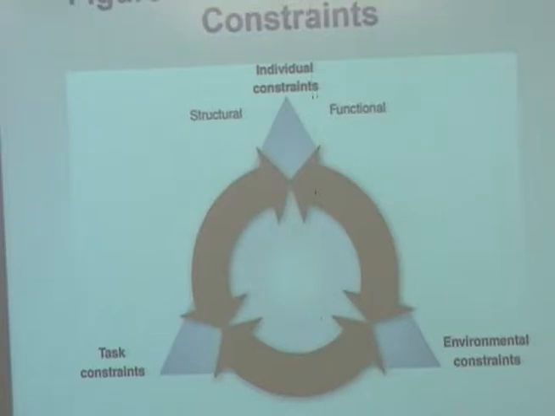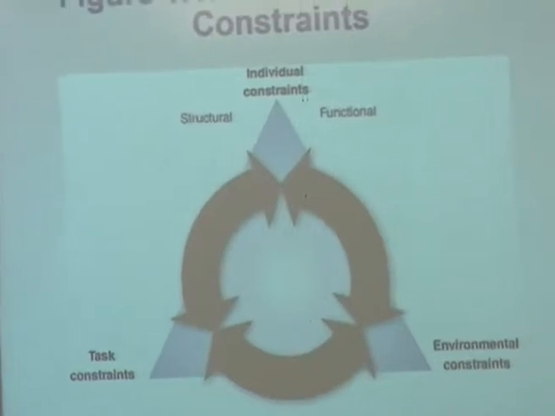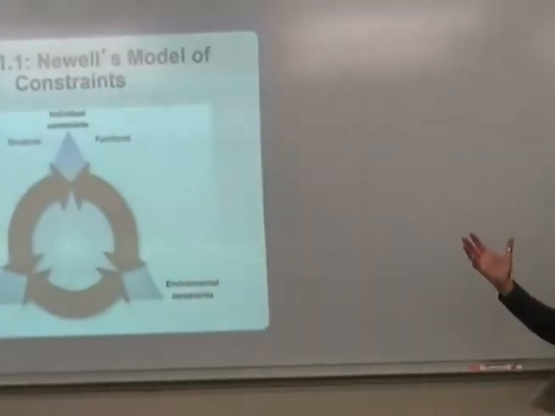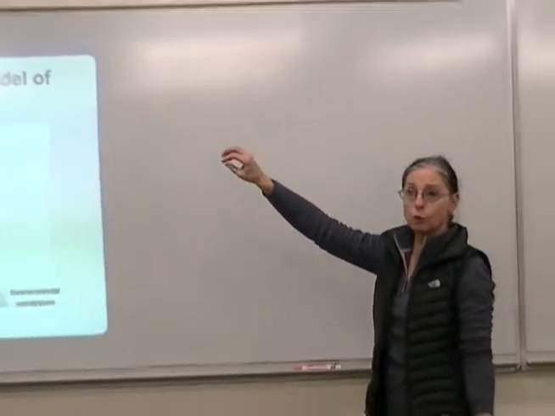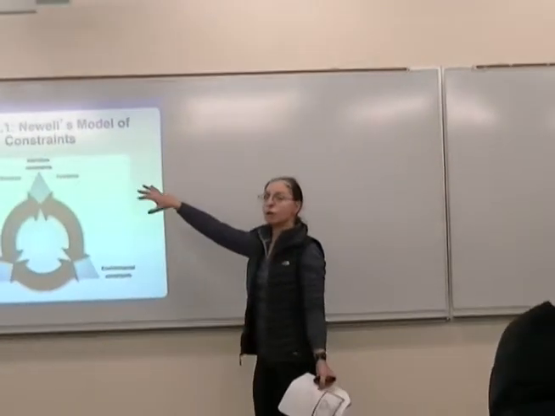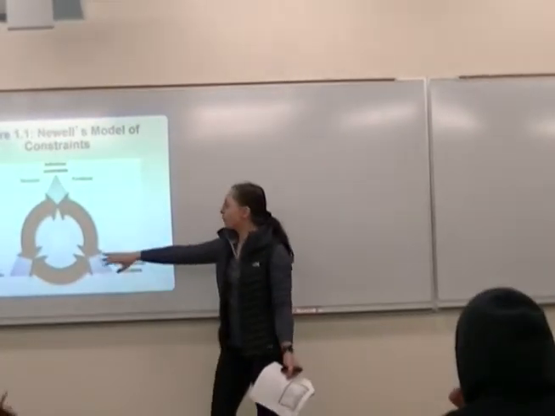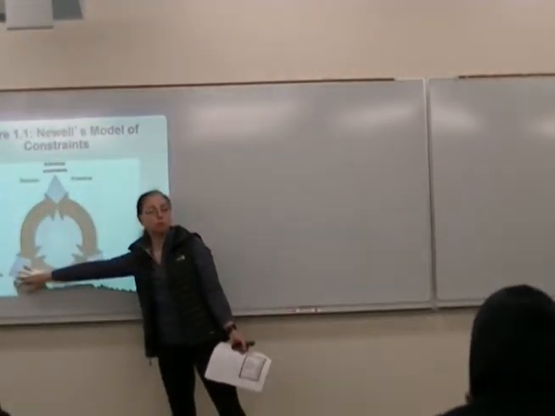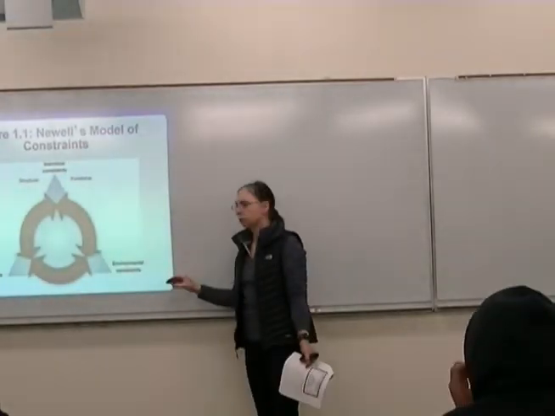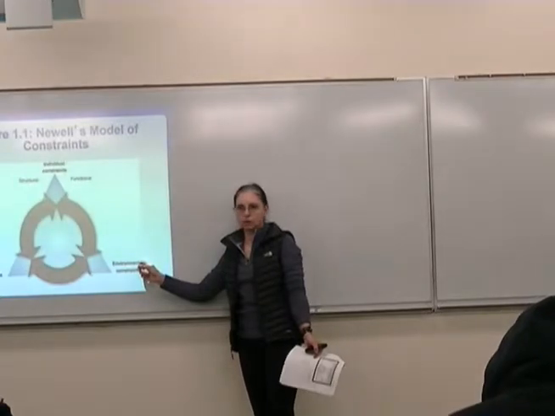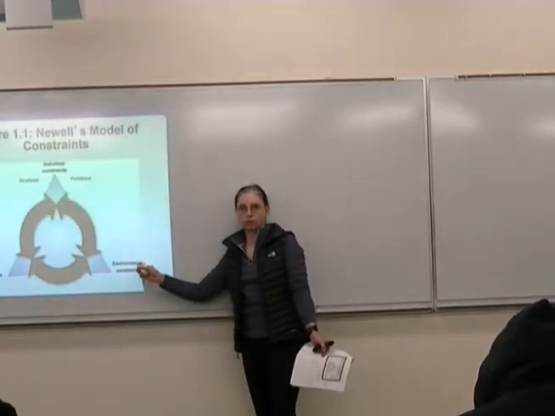And so he said that what we've got to consider is the individual, the who, right? Who am I working with? The what am I asking them to do, the task, and the where am I asking them to do it, right?